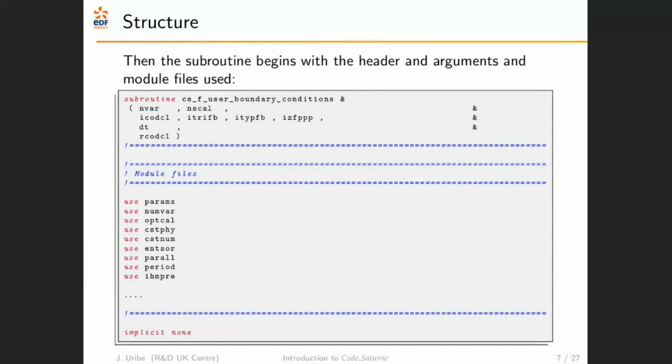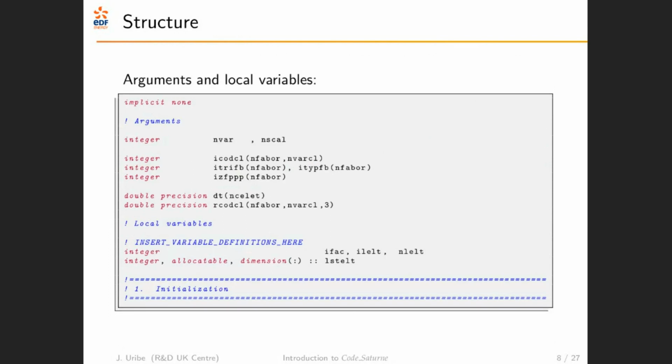Then you'll have the proper declaration of the subroutine. You have the name and the variables, and then you have module files. All of these module files, you can see them in the source code. So you would normally not need to modify any of these.